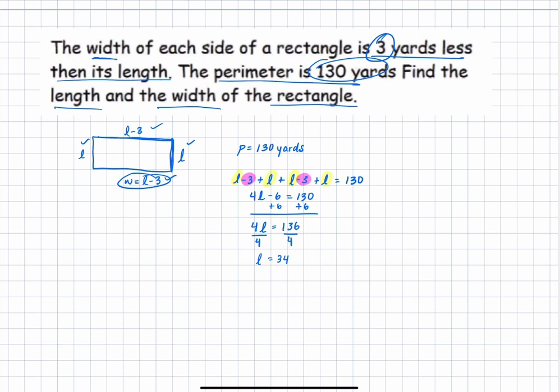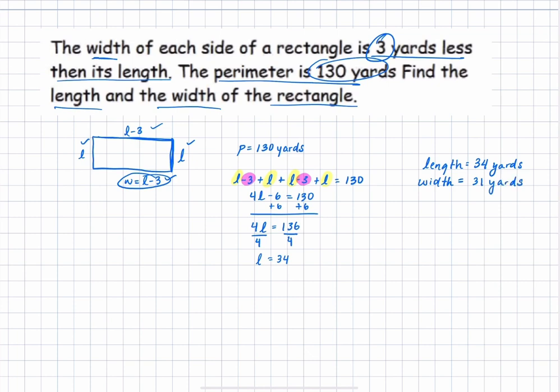So we know the length is 34 yards. And now the width is simply length minus 3. So 34 minus 3 is 31 yards.